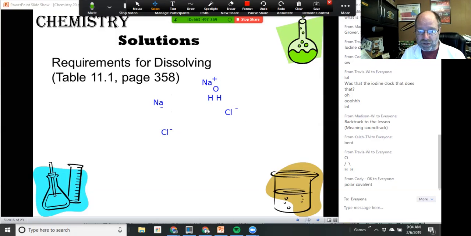And what happens as a result is that my sodium and my chlorine that previously had a water molecule between them no longer do. And so this does what's called precipitate out. It re-solidifies once the sodium and the chlorine can come back together again.